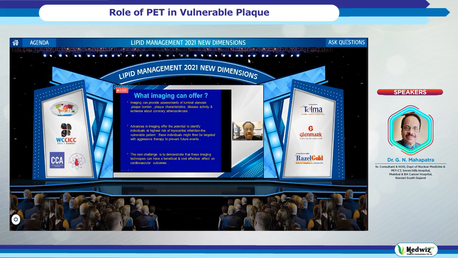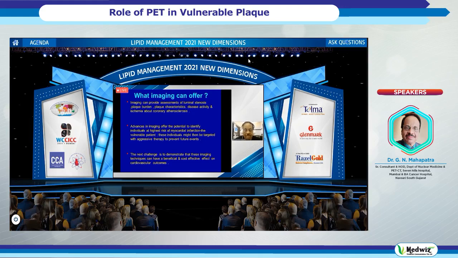So what can imaging offer? Imaging can provide assessment of luminal stenosis, plaque burden, plaque characteristics, disease activity, and ischemia in coronary atherosclerosis. Advances in imaging offer the potential to identify individuals at higher risk of myocardial infarction, the vulnerable patient.